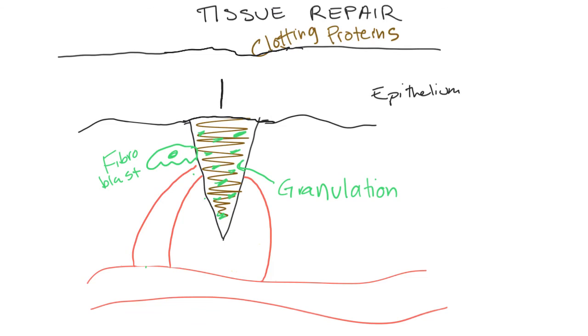Starting at the bottom and forming new epithelium, we'll draw a little scab on top, but pushing the scab away from the surface. And eventually it's going to look like there was nothing there.